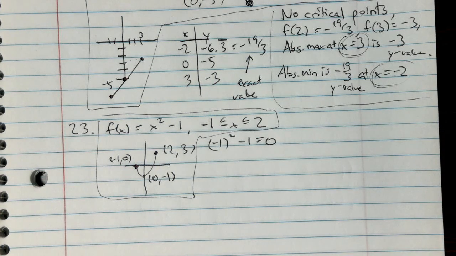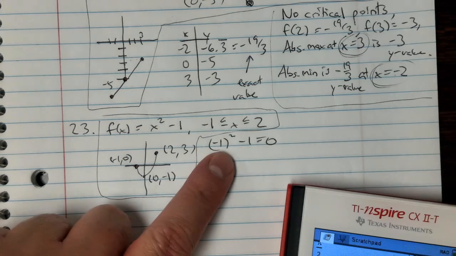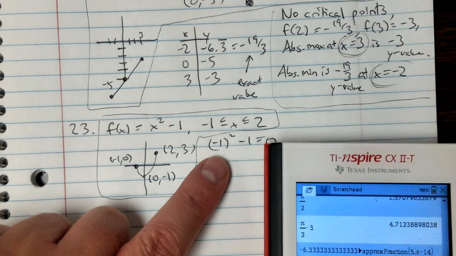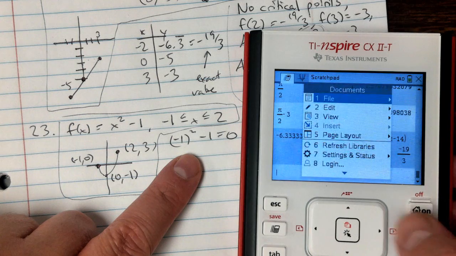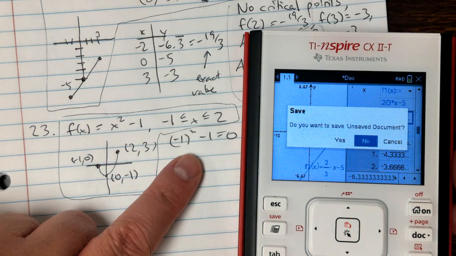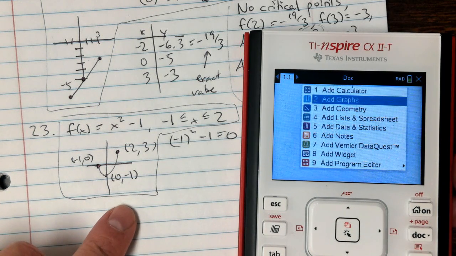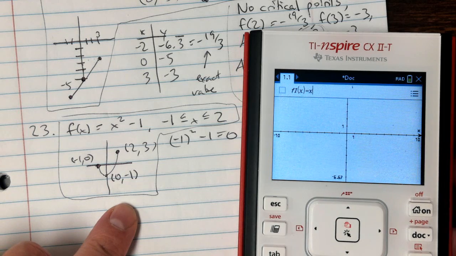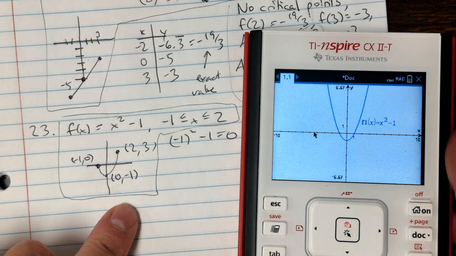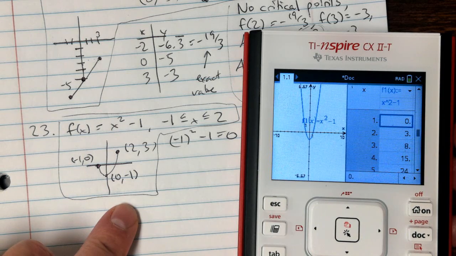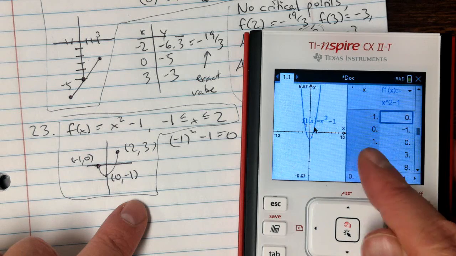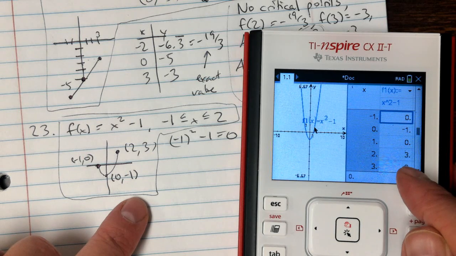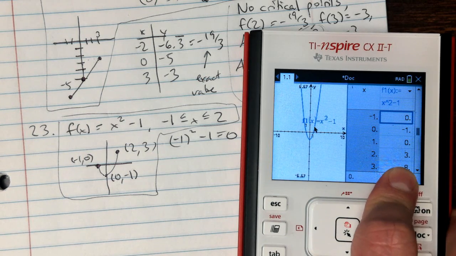I don't want to take too long on this, but some people may think incorrectly that it's negative 2, but this is indeed right. And if we go x squared minus 1, and then go to your table, at negative 1, it is 0. At 0, it's negative 1, and at 2, it's 3. Okay.